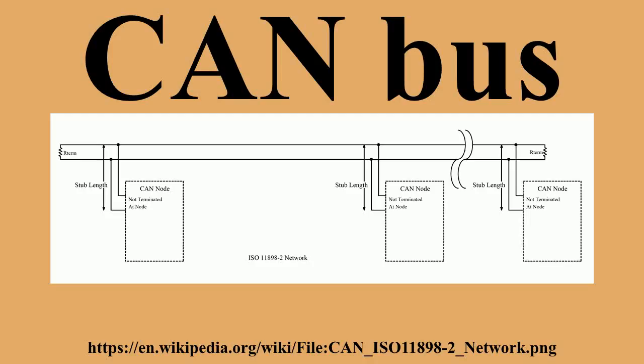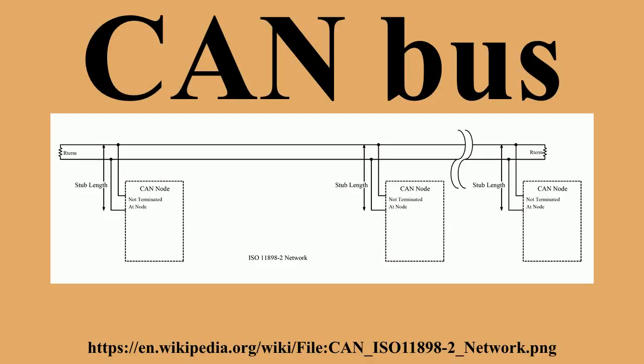Data frame. The data frame is the only frame for actual data transmission. There are 2 message formats: base frame format with 11 identifier bits, extended frame format with 29 identifier bits. The CAN standard requires the implementation must accept the base frame format and may accept the extended frame format, but must tolerate the extended frame format.